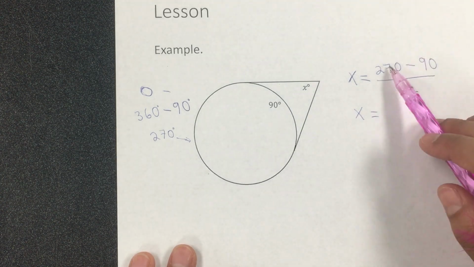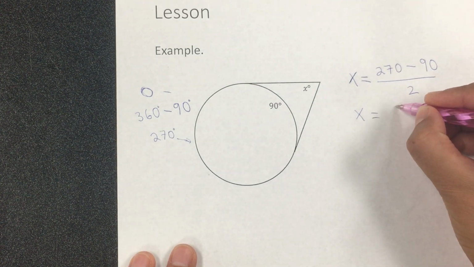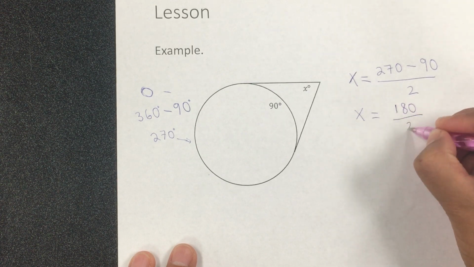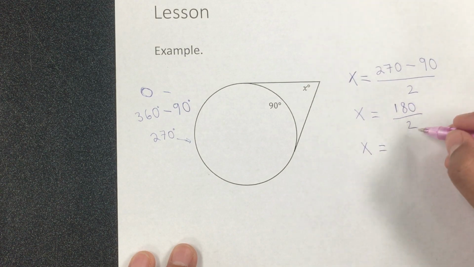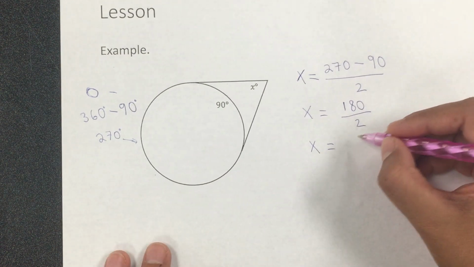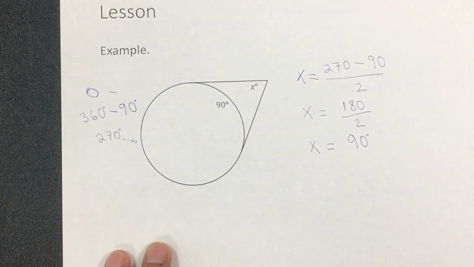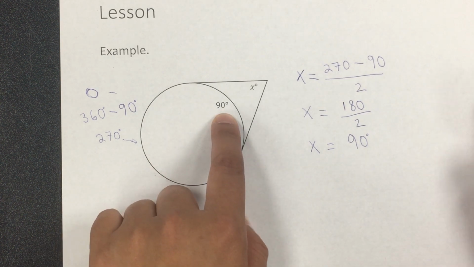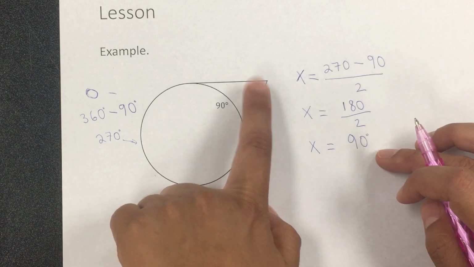And so 270 minus 90 gives me 180 divided by 2. And so 180 divided by 2 is equal to 90 degrees. Okay, so this x is equal to 90 degrees. Again, 270 take away 90 is 180 divided by 2 gives me 90 for this one.